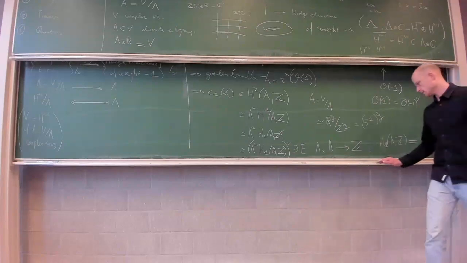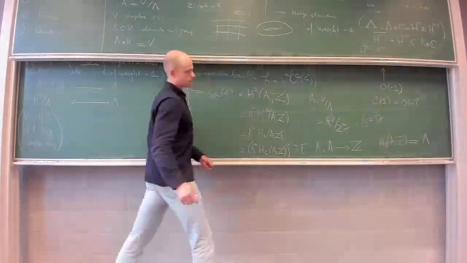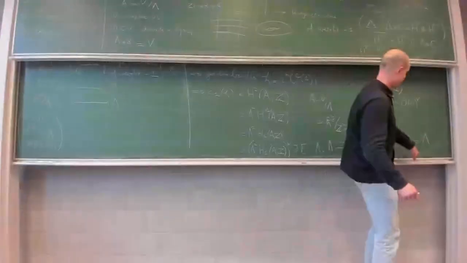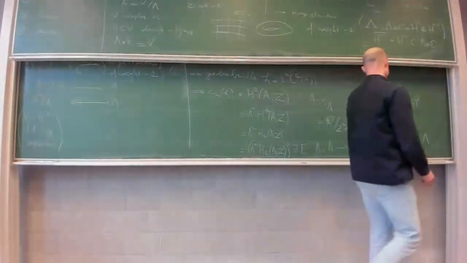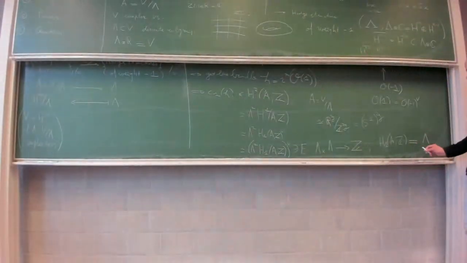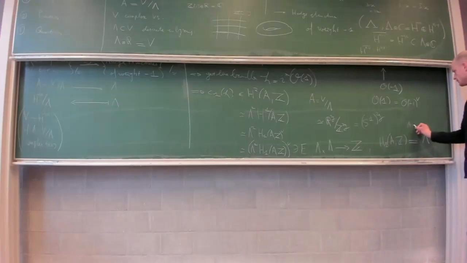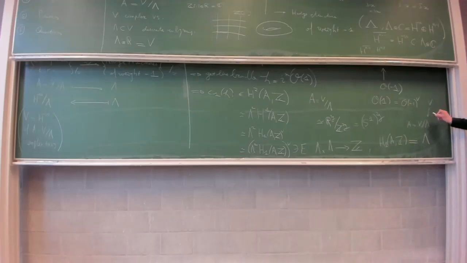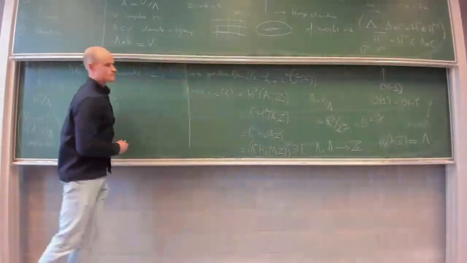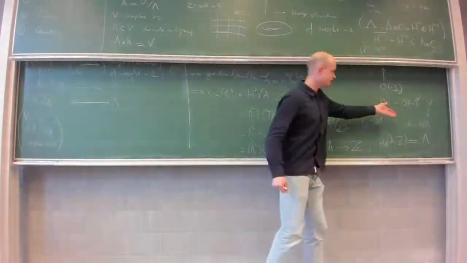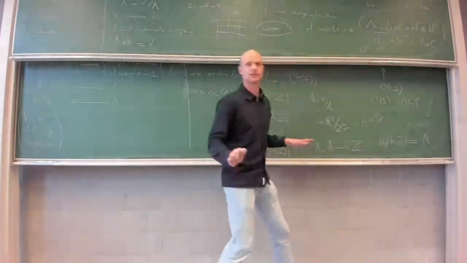It's the fundamental group of A. Maybe to say something about this: we have A, which is V modulo lambda. What's the universal cover? V. And what's the fundamental group? It's lambda. And H_1 is the abelianization of the fundamental group, but it's already abelian.